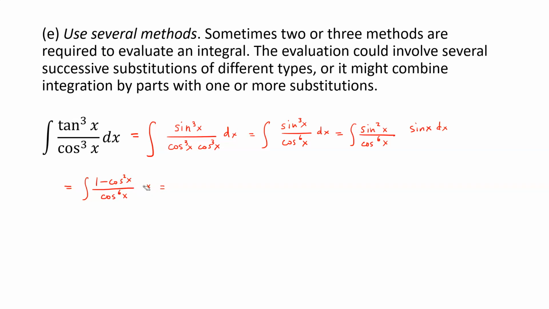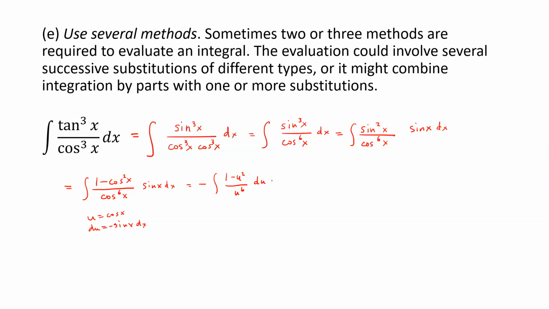So then I can let u equal cosine x, so du is negative sine x. So this becomes the negative integral of 1 minus u squared over u to the 6th du. Looking at it now, it's not so bad.